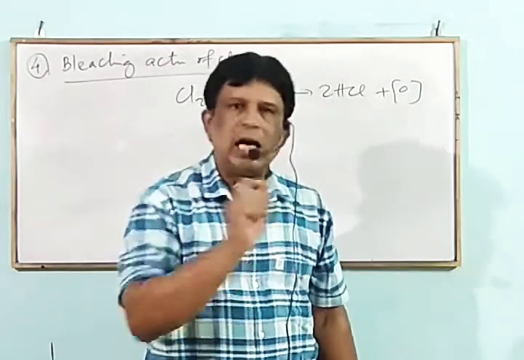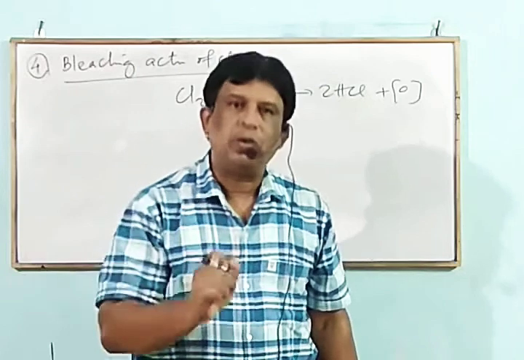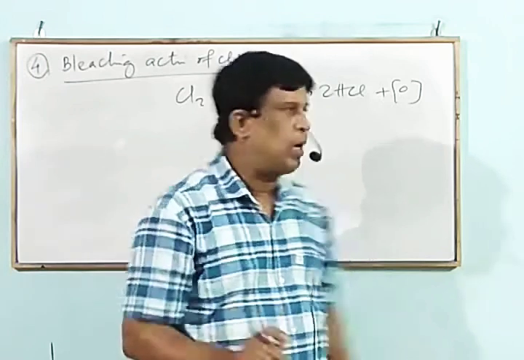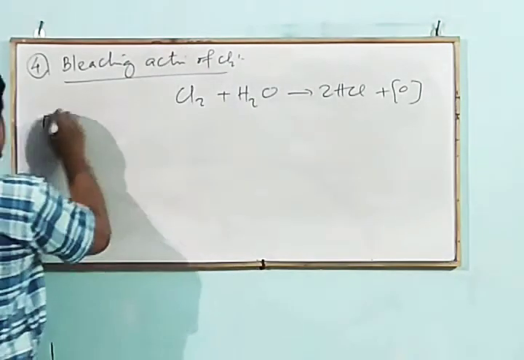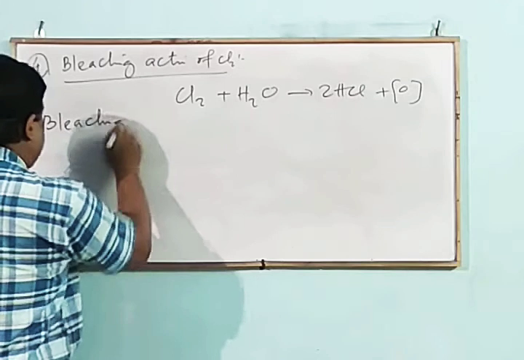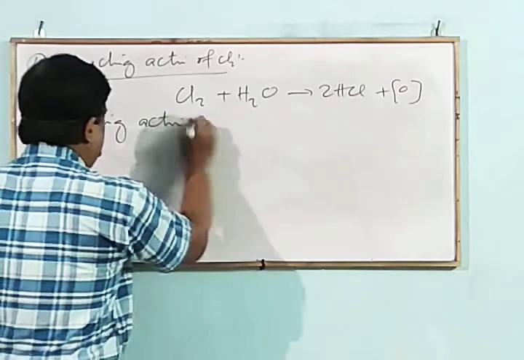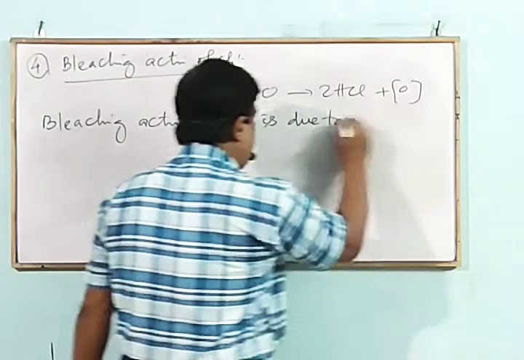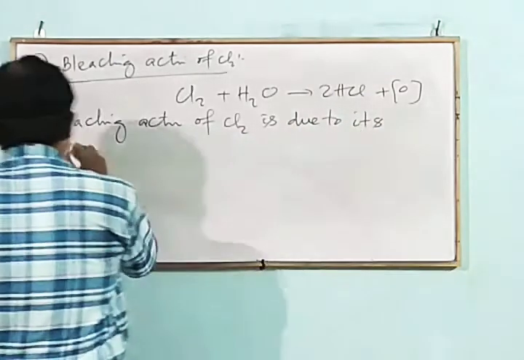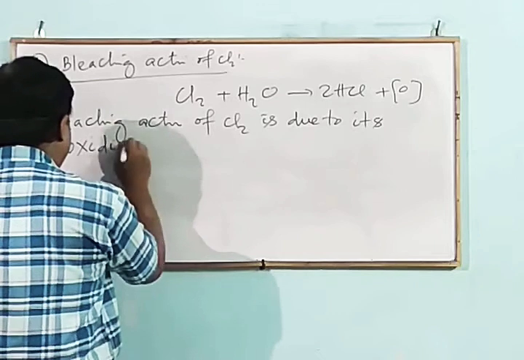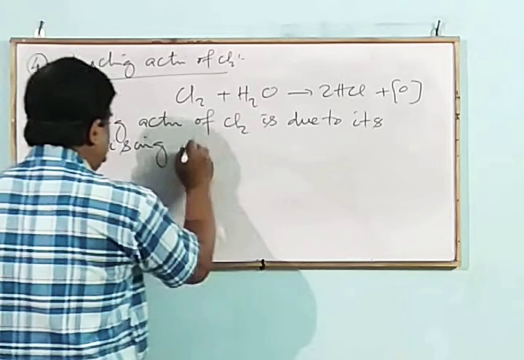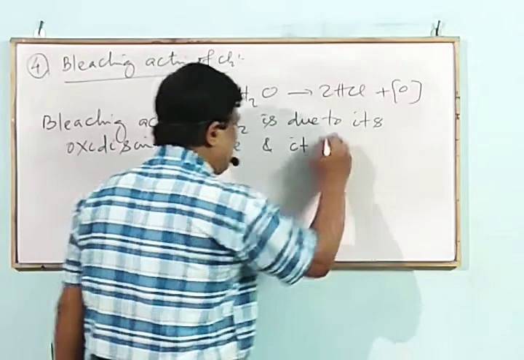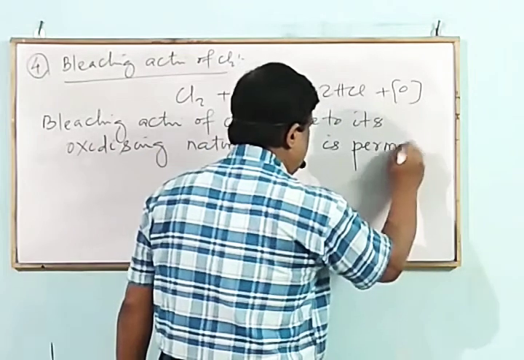The bleaching action of chlorine is due to its oxidizing nature and it is permanent. Very important one.